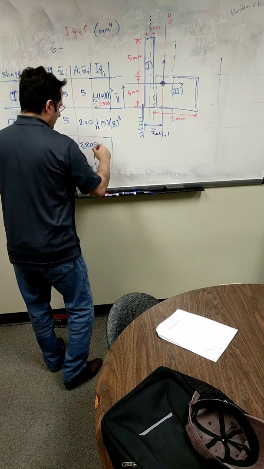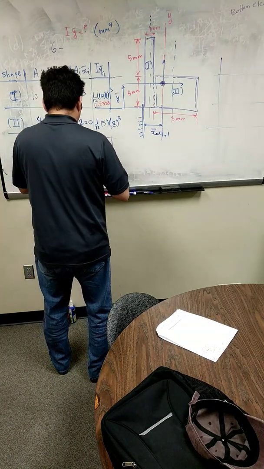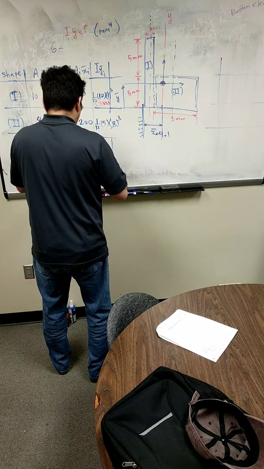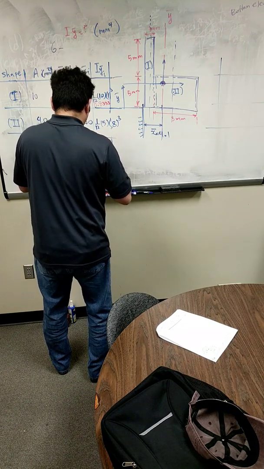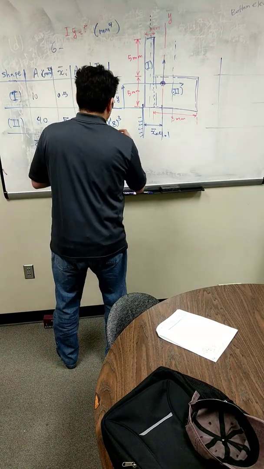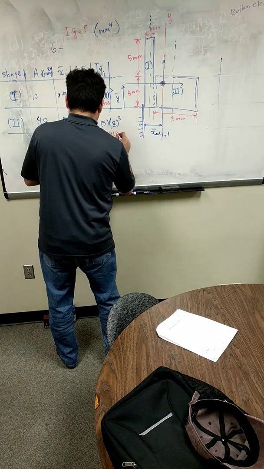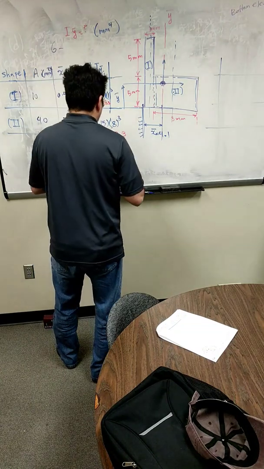This one, if you put it in a calculator, you get 5 times 8 cubed divided by 12. So you get this one becomes 213.3.